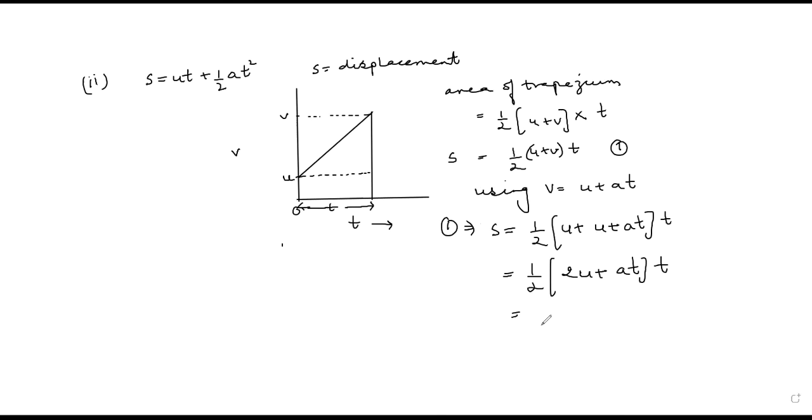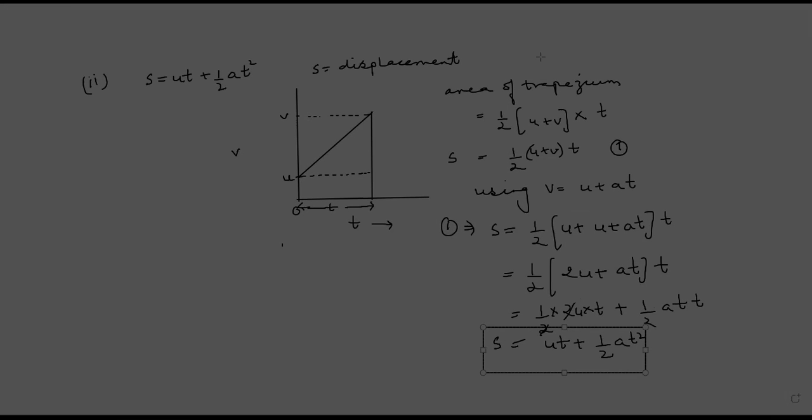Again, let us take the terms separately so that it's understood: this times this, with this plus the second one, at, times t. If you simplify, the first term is ut, the second term is half at squared, and that gives you the second equation of motion.